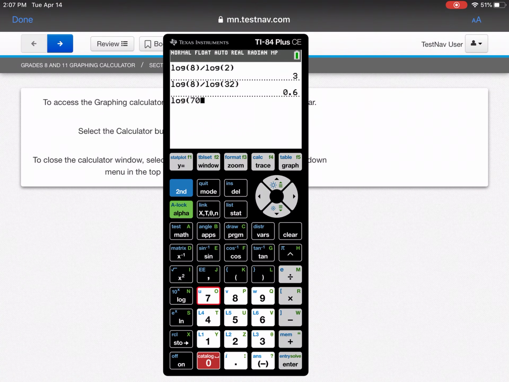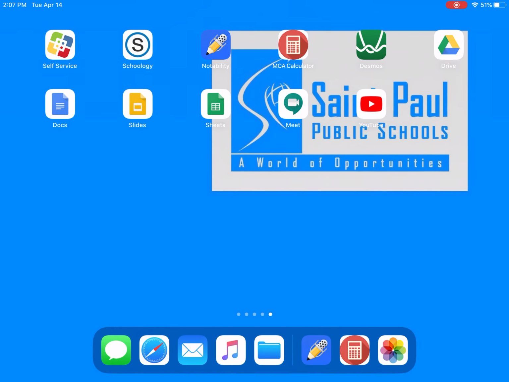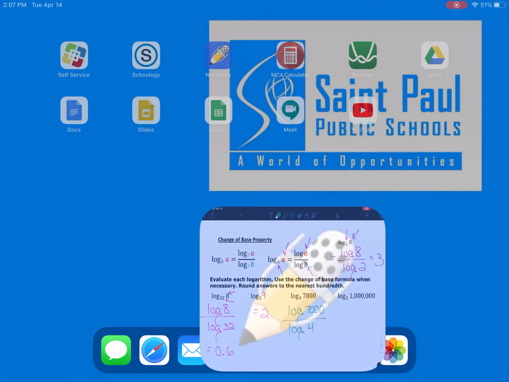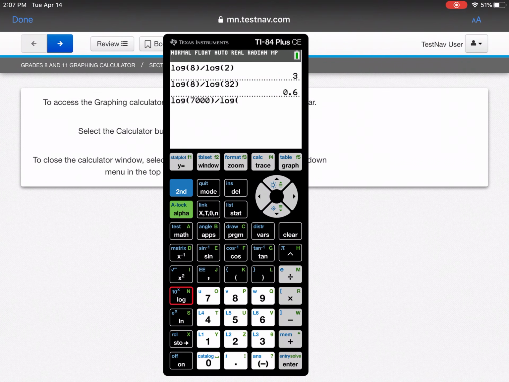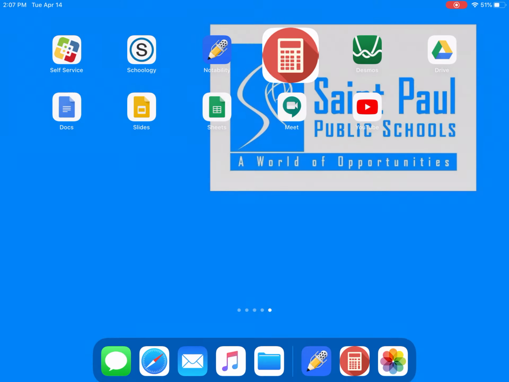Log 7,000 divided by log 4. We get a big long decimal. So we're going to round this to the nearest hundredth, said the directions. So 6.386. Since 6 is 5 or bigger, we're going to round that to 6.39.